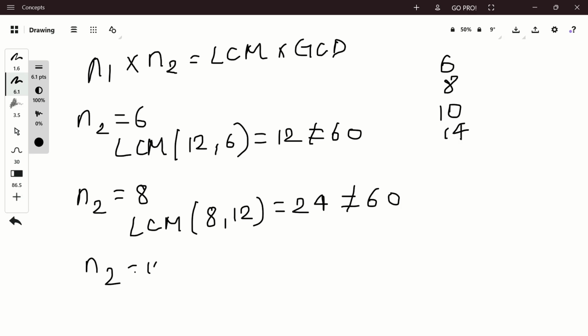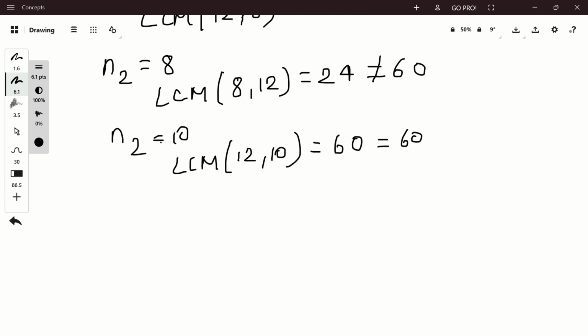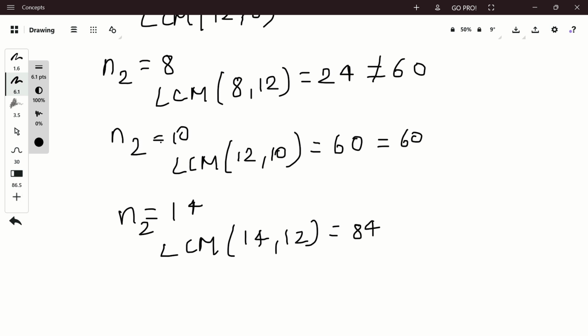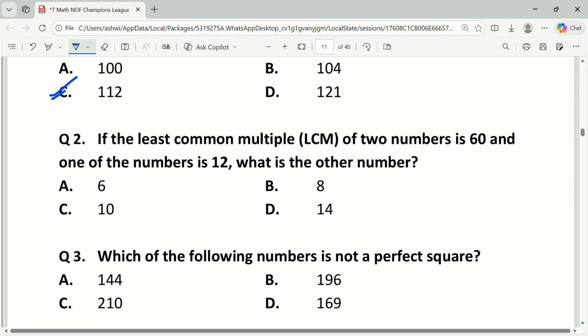If N2 is 10, the LCM of 12 and 10 is equal to 60, which is equal to 60. And if N2 is 14, the LCM of 14 and 12 is equal to 84, which is not equal to 60. So comparing with the options, the answer is C, 10.